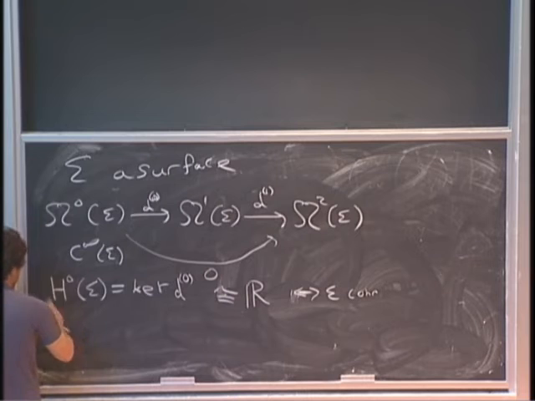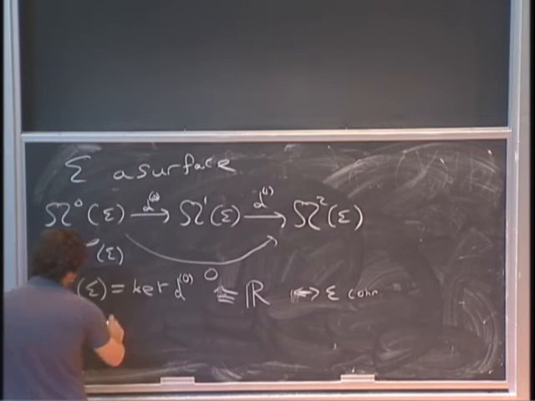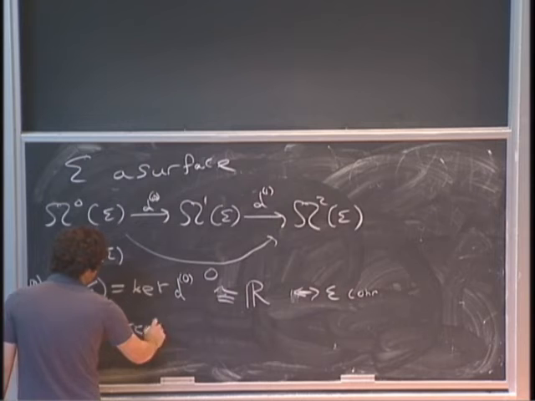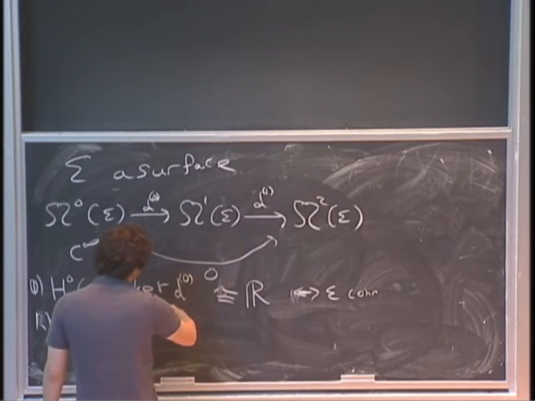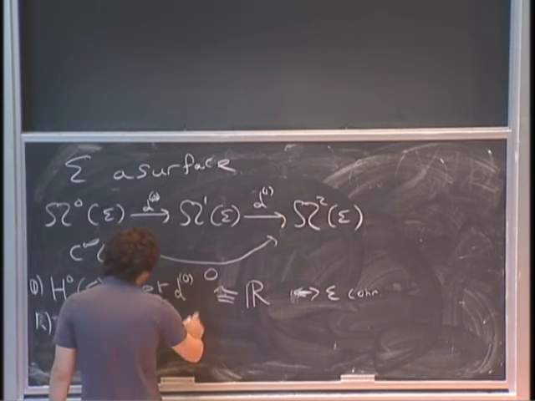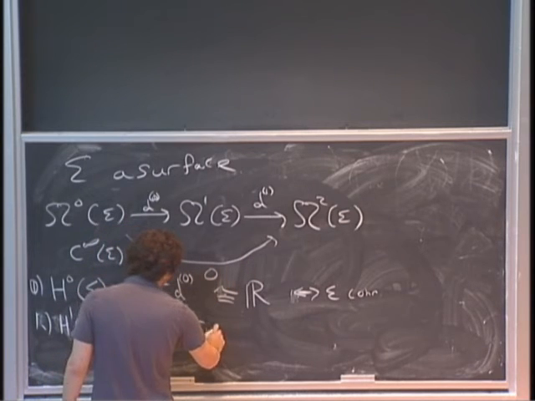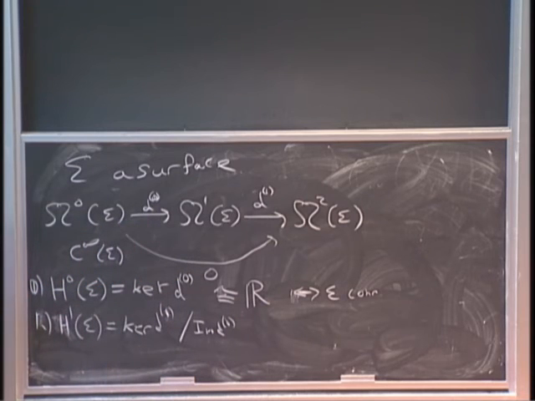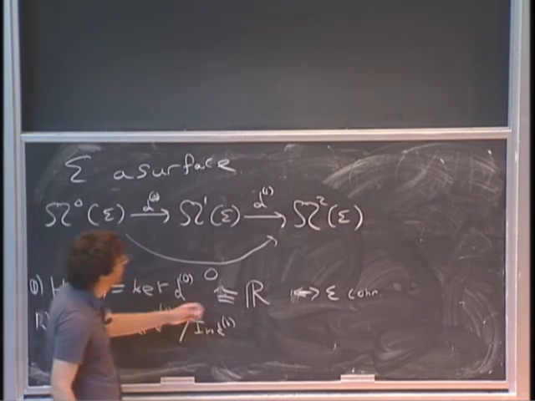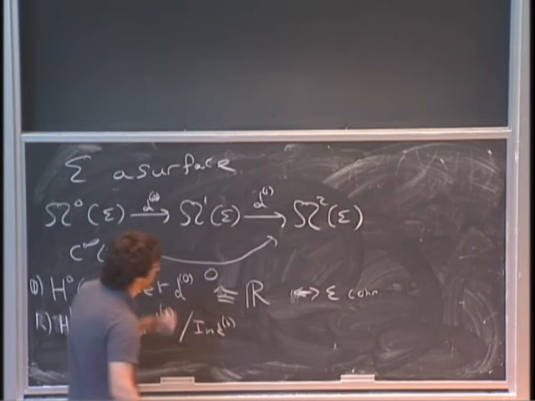So this is the 0th group, and the next is the first de Rham cohomology group. This is, of course, the kernel of d1, which contains the image of d0, so we quotient out the image, and this exactly measures in some sense how many closed forms there are that aren't exact.